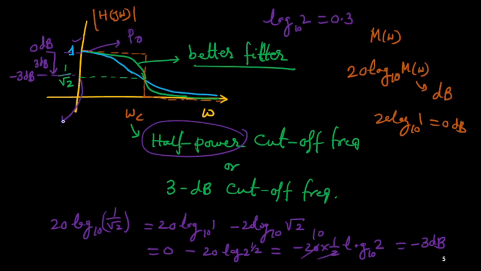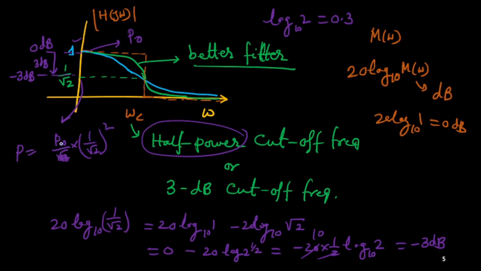Then the power will be P0 into 1 upon square root 2, that squared, because the voltage gain squared becomes the power gain.